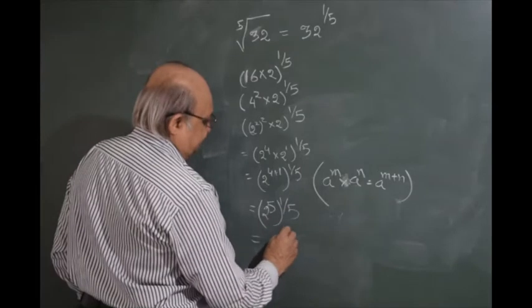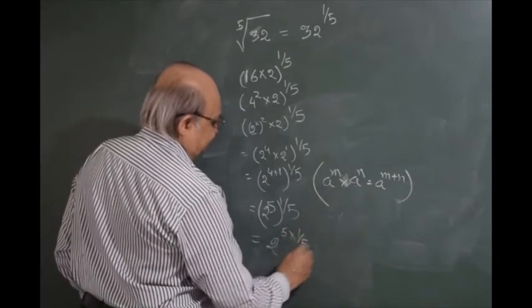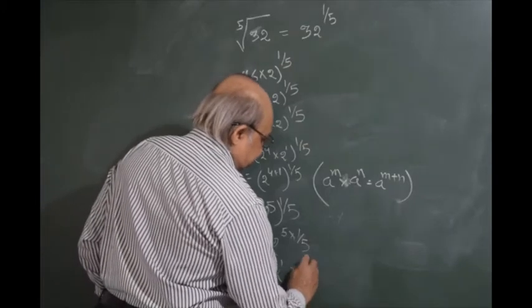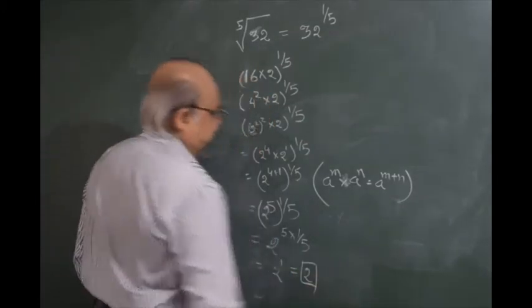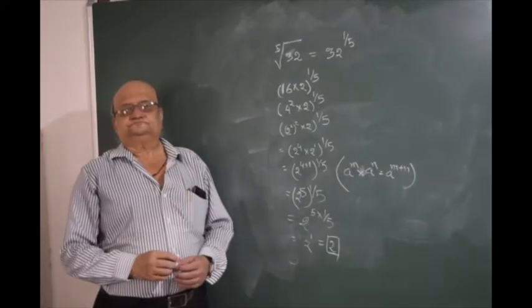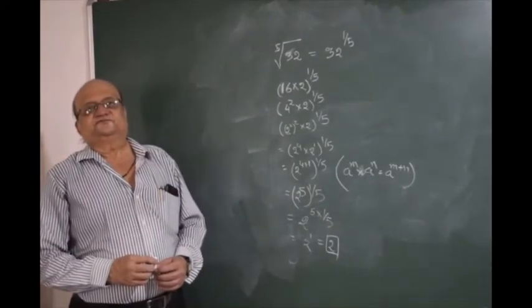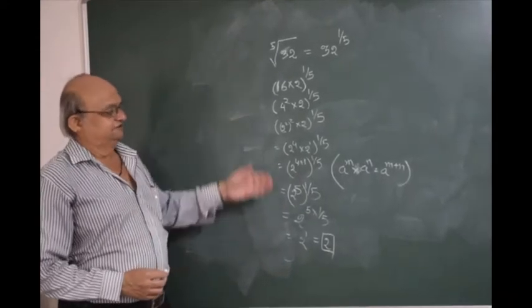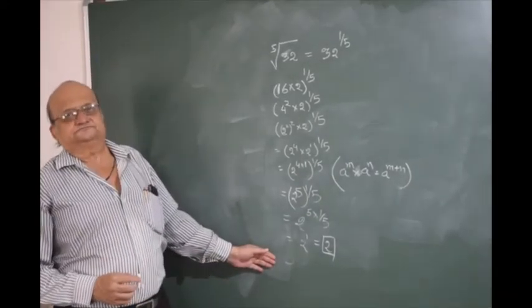We have 5 into 1 upon 5 and we have 2 raised to 1 which is 2. This is working out the other way around.